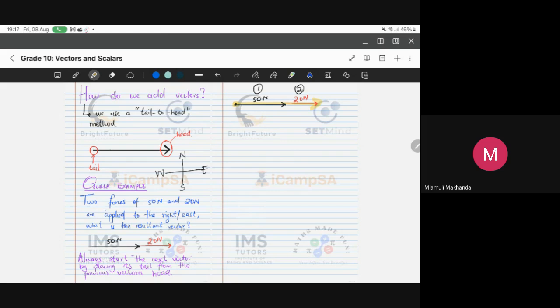But the issue with drawing it like this, you can't see it because now there's a lot of arrows happening. So what you do is, if I do a dotted line like this and I draw something here, they're basically in the same position. I make sure that it doesn't go beyond that point, so it'll be at the head of the last vector. Then you draw it.